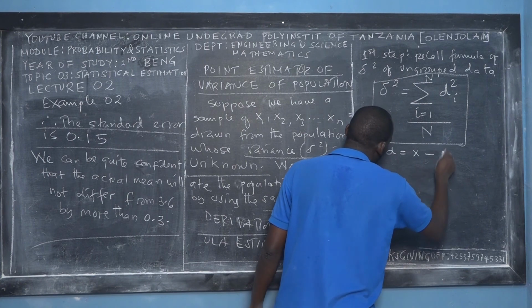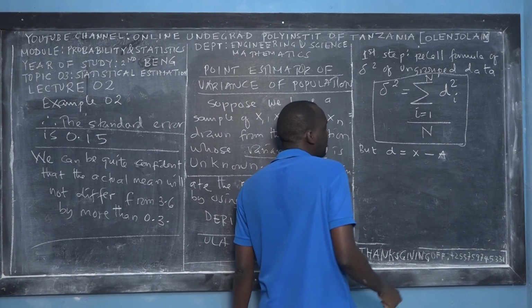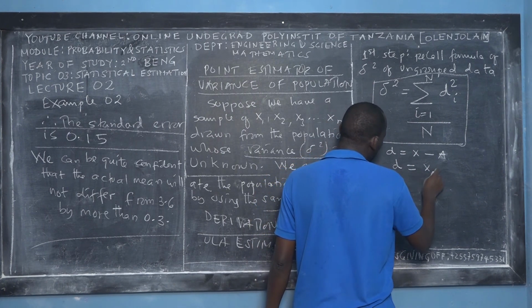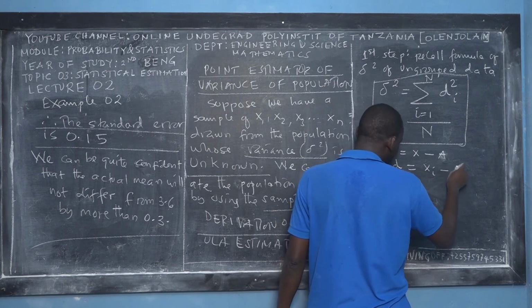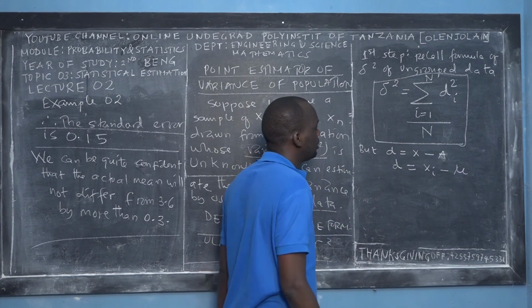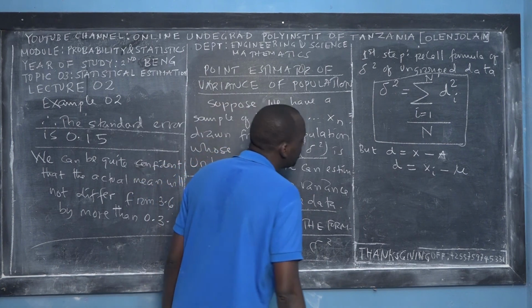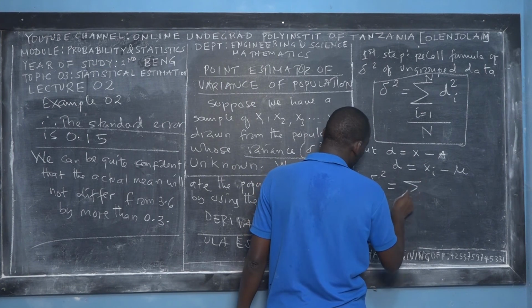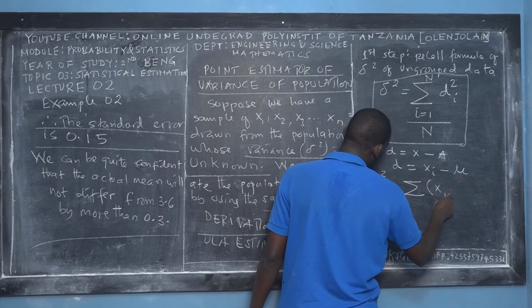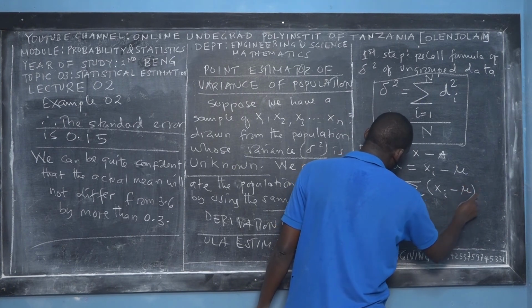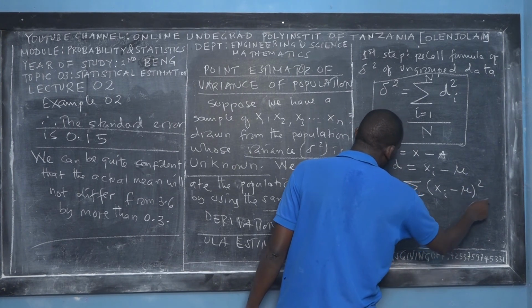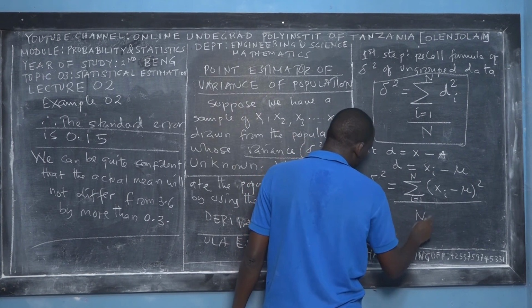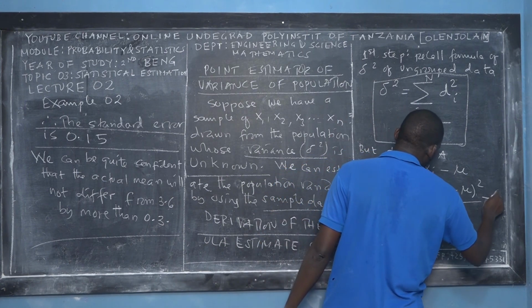Assumed mean. So this is the symbol for assumed mean. But for this case now, deviation will be equal to statistical data xi minus the mean of the population, right? So if that's the case, variance is equal to the summation of statistical data minus mean, squared, from i = 1 to n, divided by n. So suppose that this is the first equation.